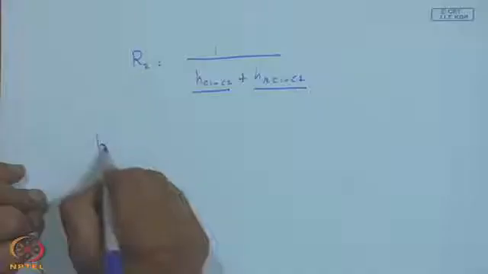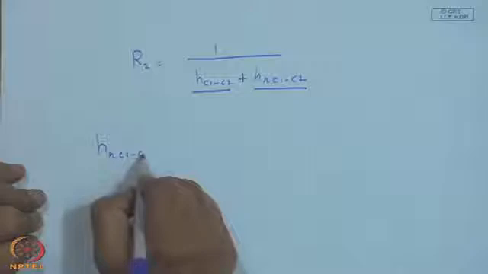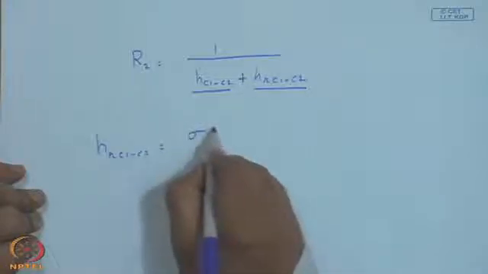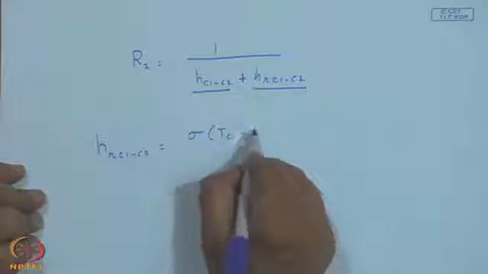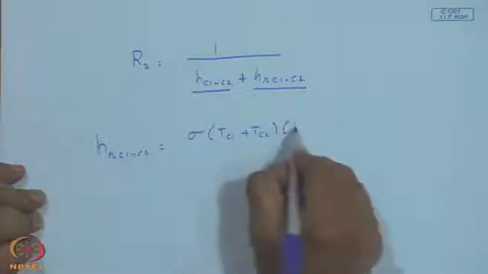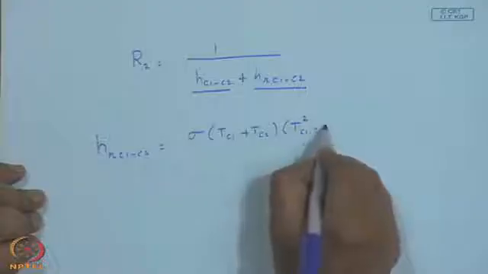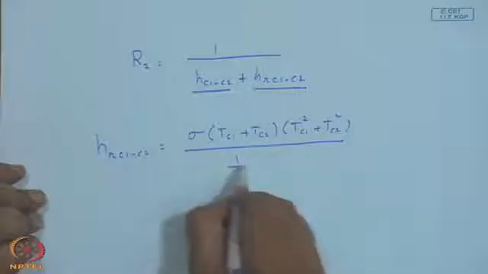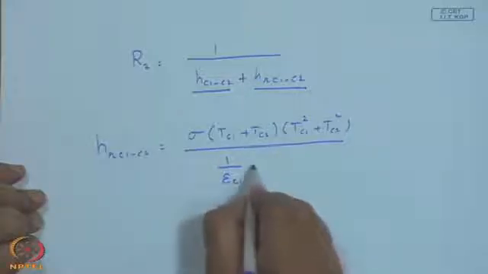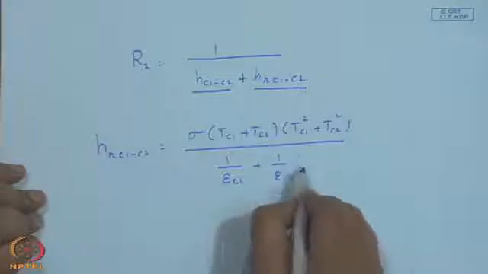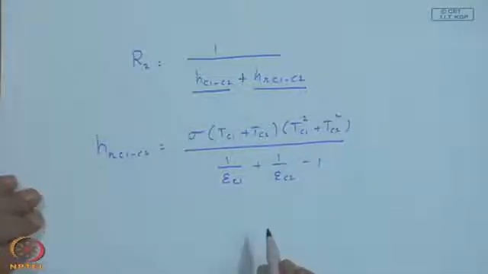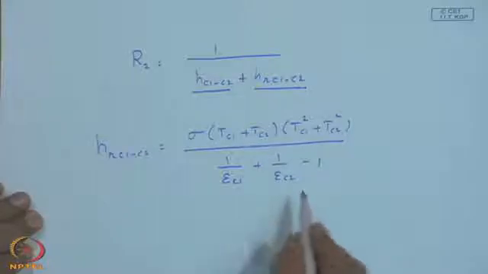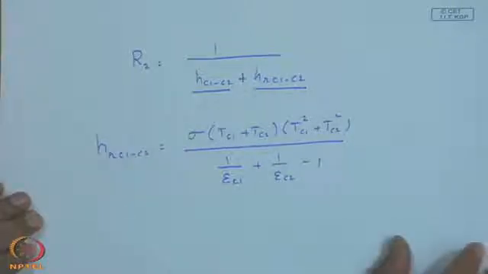So, you can again write HR C1 C2 as sigma Tc1 plus Tc2 times Tc1 squared plus Tc2 squared, divided by the corresponding emissivity terms. This is exactly similar to HR P C1, where we wrote Tp plus Tc1 into Tp squared plus Tc1 squared upon the corresponding emissivities.